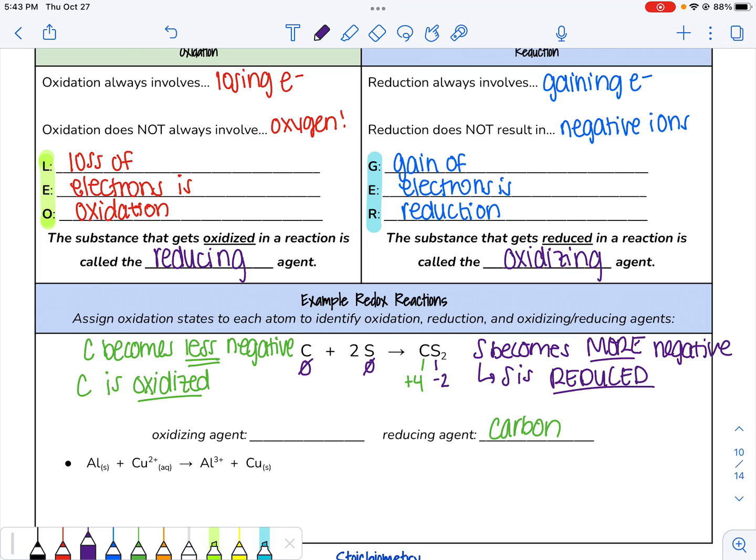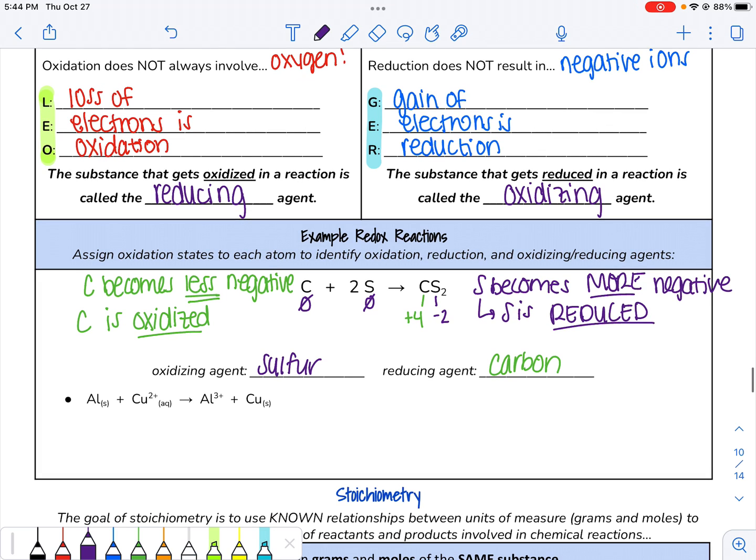So the reducing agent here is carbon. The oxidizing agent, sulfur, is becoming more negative. It is pulling electron density towards itself. It's gaining electrons. So because sulfur is being reduced, it is called our oxidizing agent. It is allowing carbon to become more oxidized as it pulls electron density towards itself.